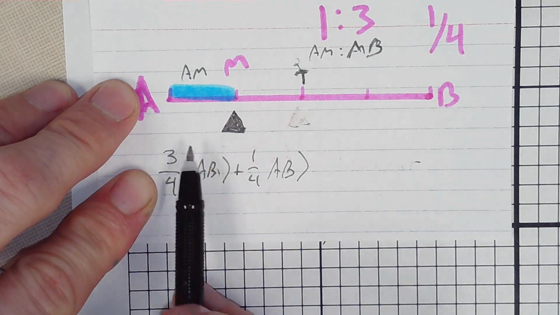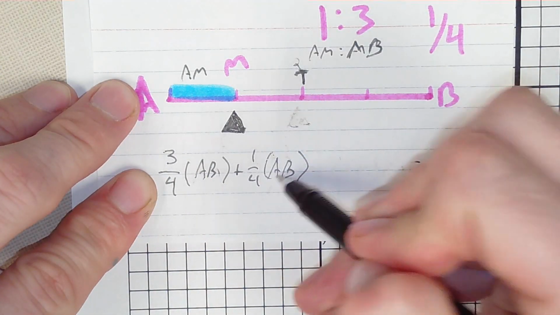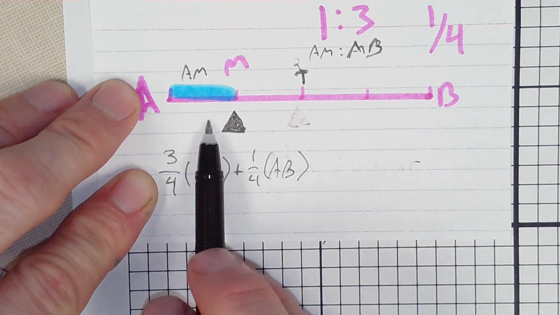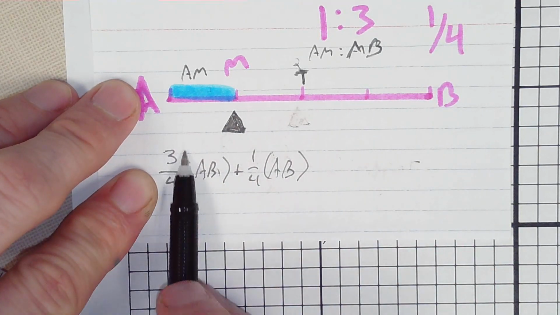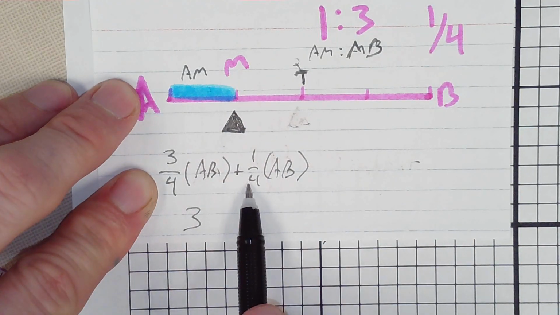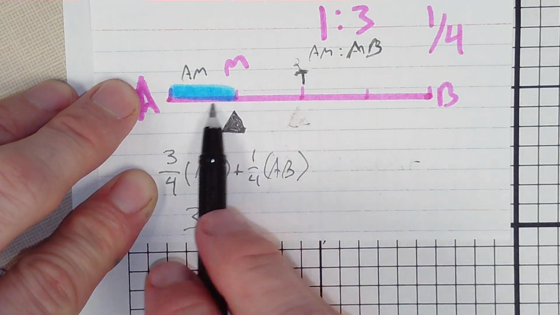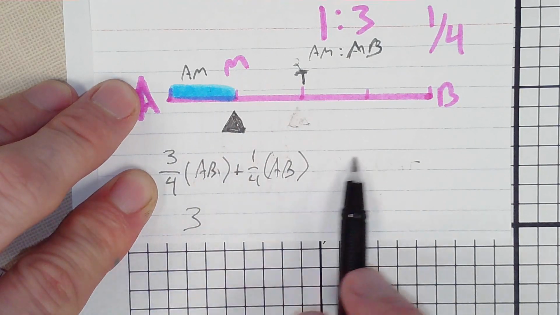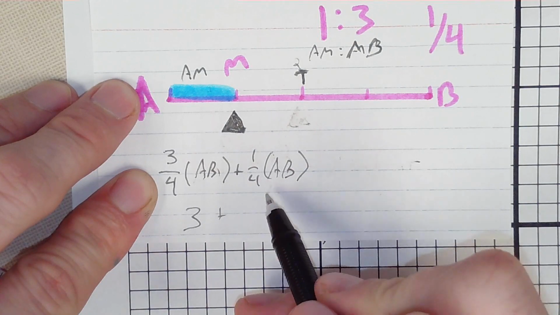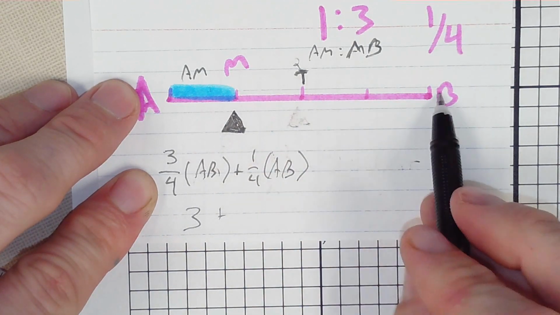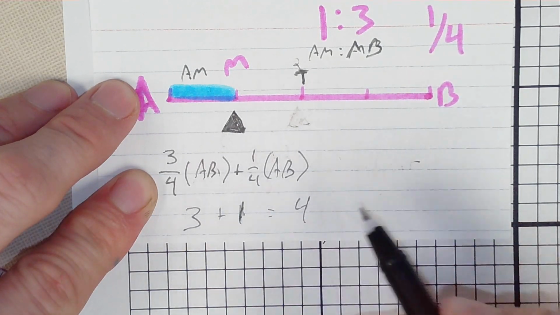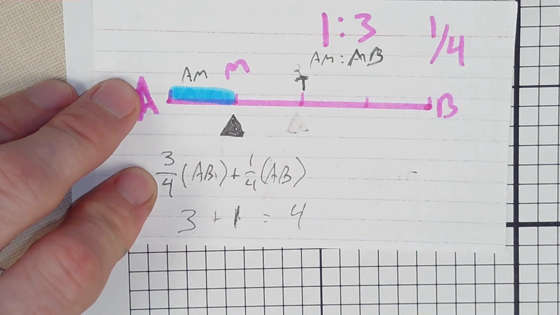So if AB is 1, 2, 3, 4, which it is, that means that this line segment is going to be 3 of the weight, and MB is only going to be 1/4 of 4, which is going to be 1 of the weight, which is 4. The average is going to be 4 of that.